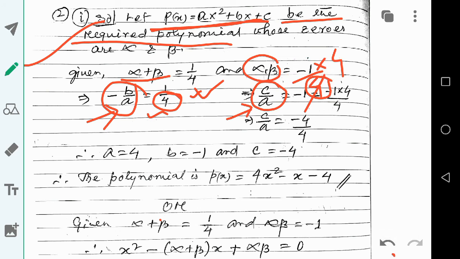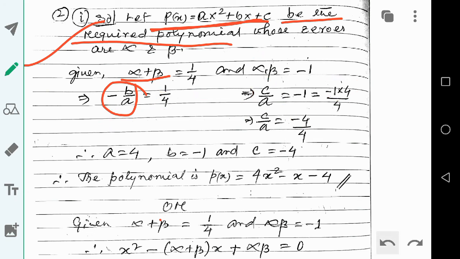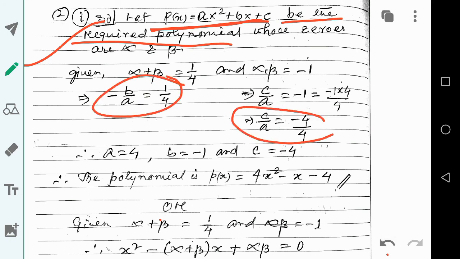So now you see, minus 1 into 4, that is minus 4. Now compare these two, and comparing these two we can get a is equal to 4. Here the denominator is a, here is also denominator a.